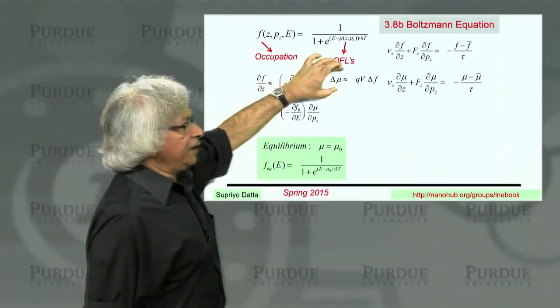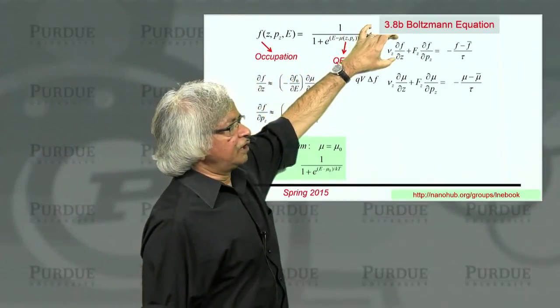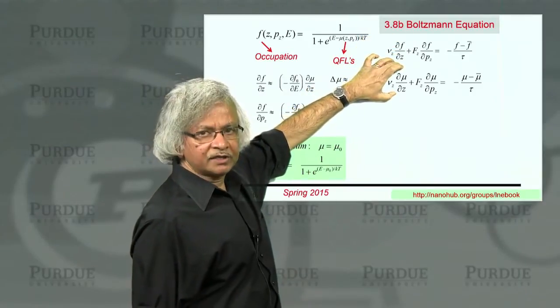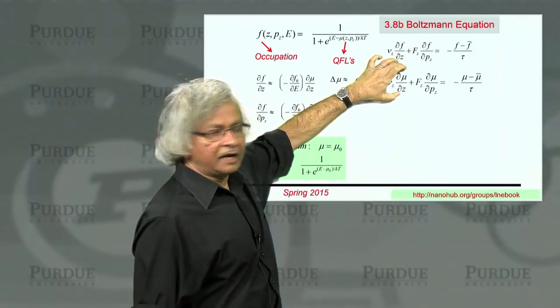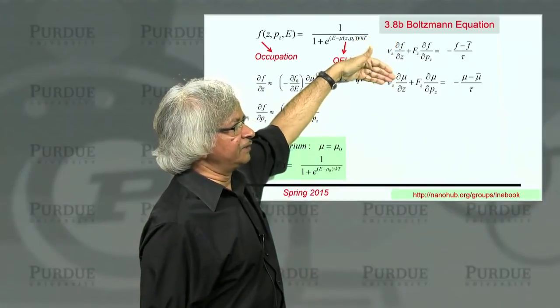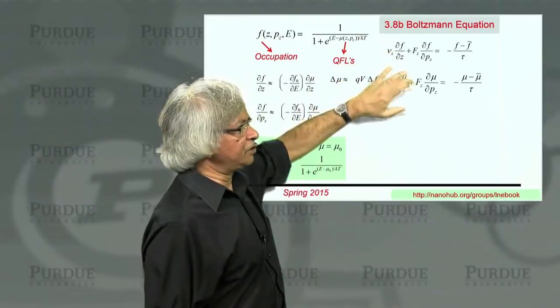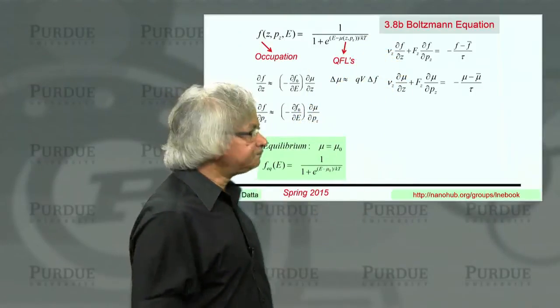But either way, the bottom line is, you could go from this Boltzmann equation in terms of F to an equation in terms of the mu. And the main thing you're gaining from this is you're taking the energy variable out of the discussion. So you can just talk about the mu directly.